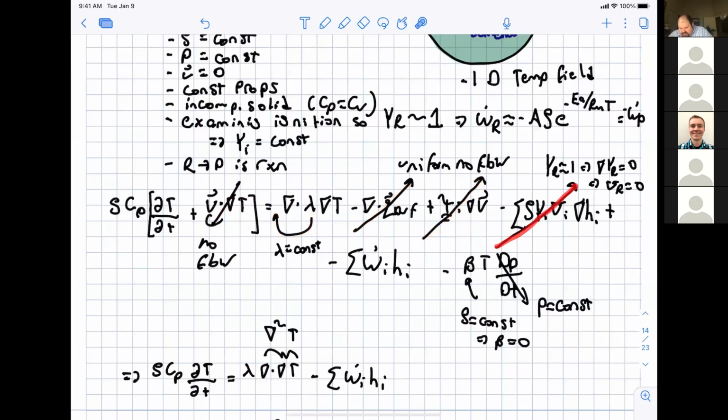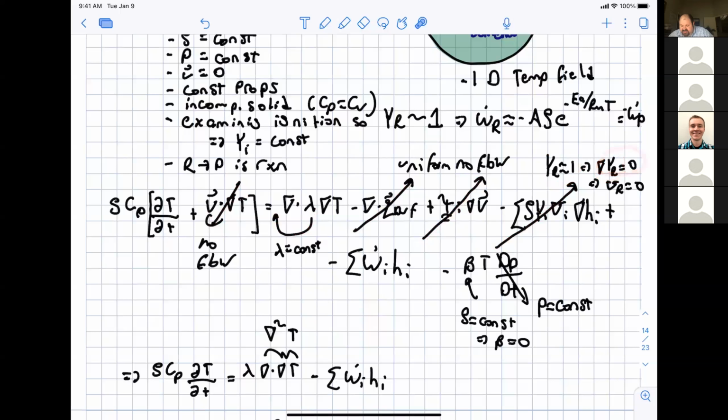Here, this term here is 0. And the reason it's 0 is because the mass fraction of the reactants is always equal to 1. And that implies that if the mass fraction is constant, the gradient of the mass fraction is 0.